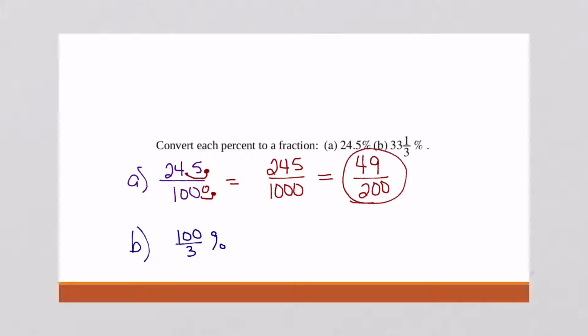That's what 33 1/3% is. But remember, in order to get rid of that percent, I have to put that over 100. So I've got 100/3 over 100, which is the same thing as 100/3 divided by 100.